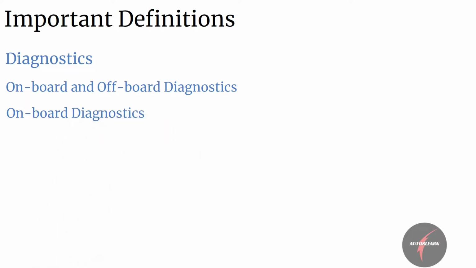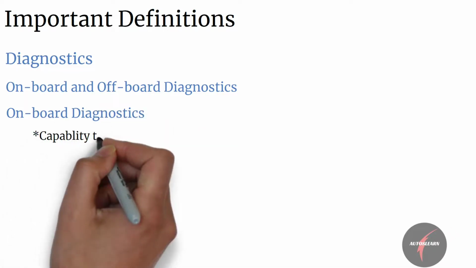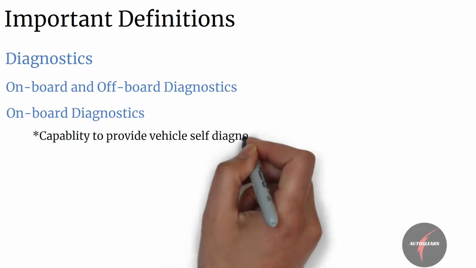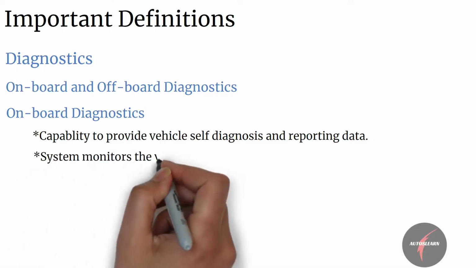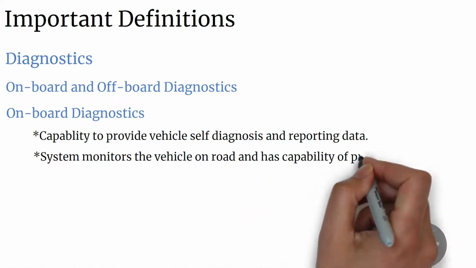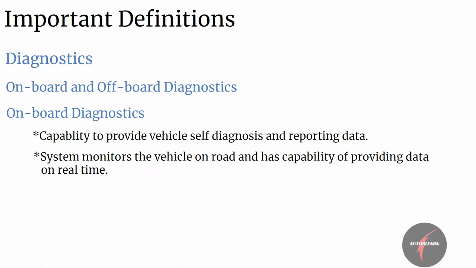An onboard diagnostic is the automotive electronic system's capability to provide vehicle self-diagnosis and reporting of data to repair technicians. This system monitors the vehicle on road and has the capability to provide data in real time if an OBD tester tool is connected or through any other similar mechanism.